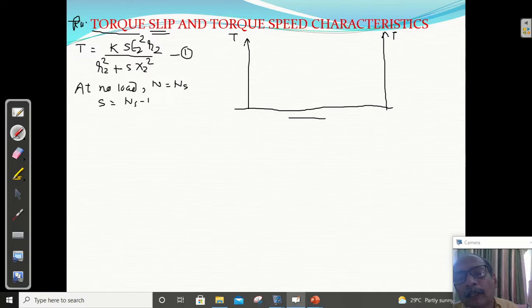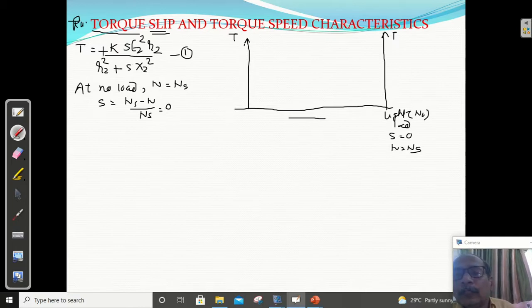(Ns minus N) upon Ns equal to 0. So at light load condition or no load, s equal to 0, N equal to Ns. So slip is 0. If slip is 0, what is the torque? 0.